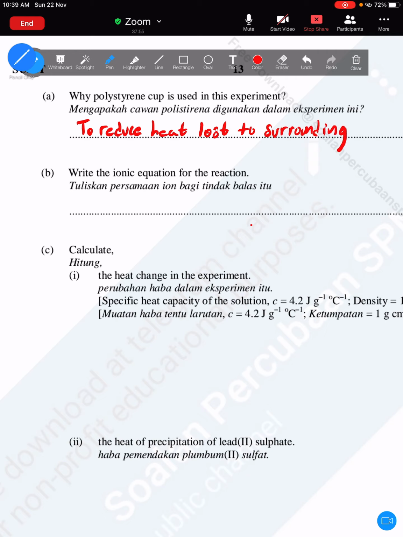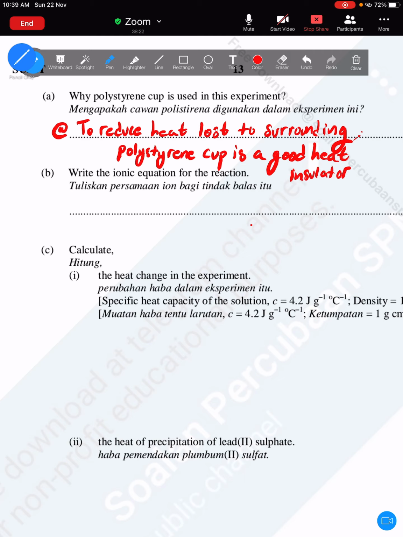Or maybe you can also say that a polystyrene cup is a good heat insulator. Polystyrene cup is a good heat insulator. Heat insulator.